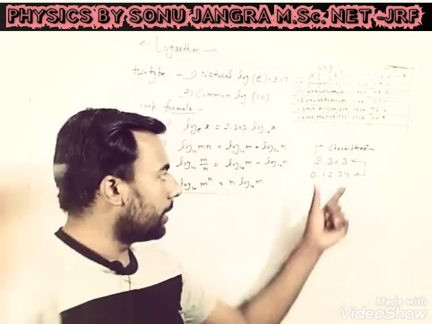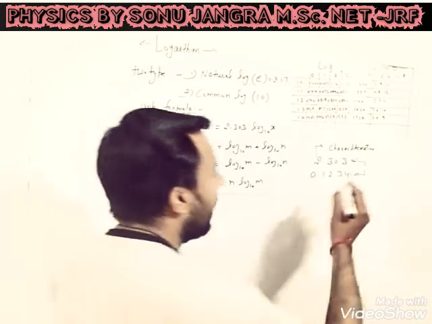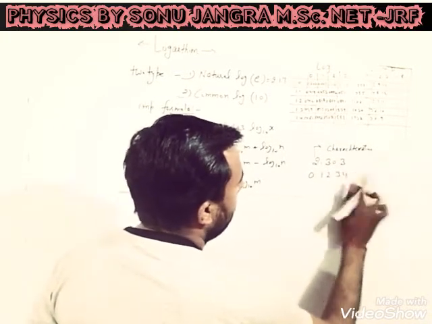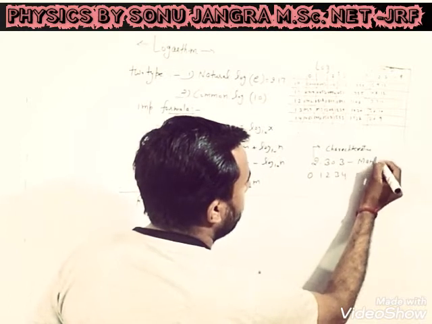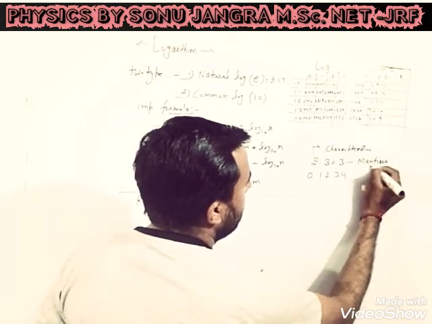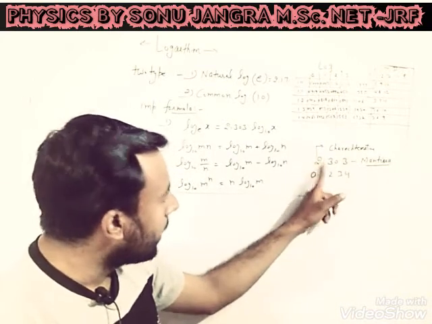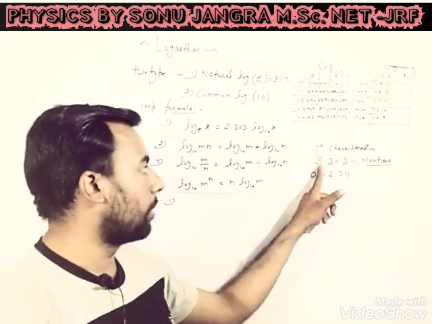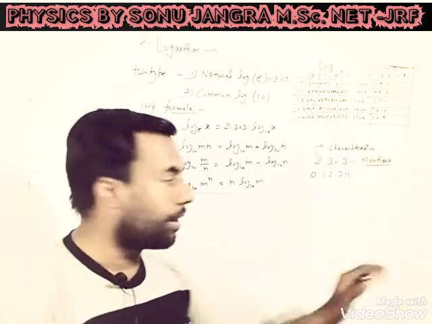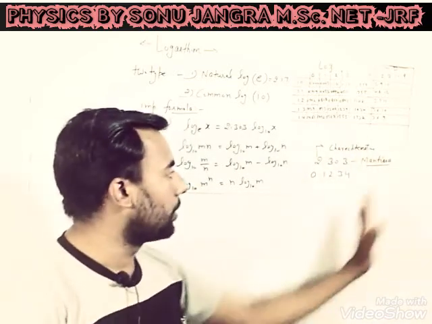And the digits after the decimal point are called the mantissa. The digit or number before the decimal point is considered the characteristic, and the number after the decimal point is taken as the mantissa.